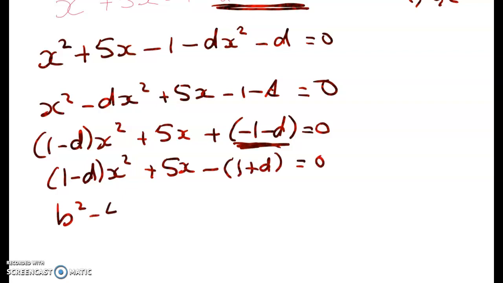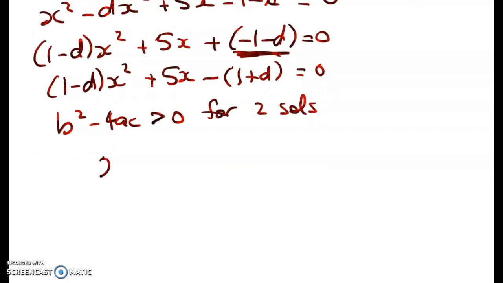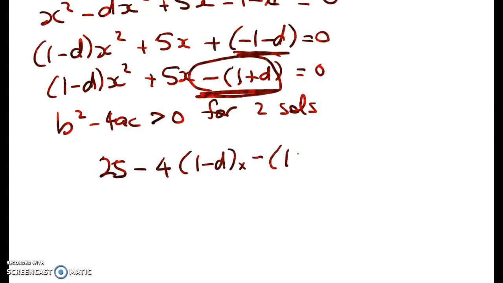I need to have b squared minus 4ac strictly greater than 0 for two solutions. That gives me 25 minus 4 times 1 minus d times this negative 1 plus d must be greater than 0.